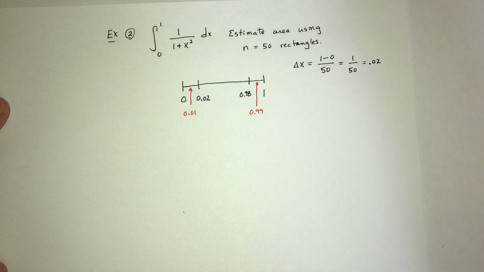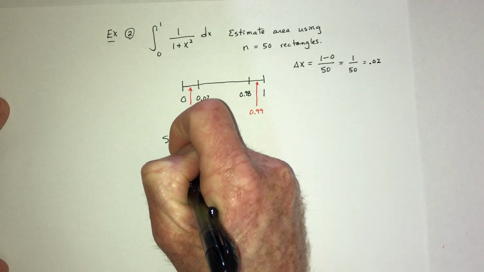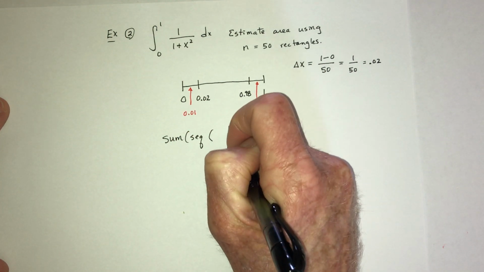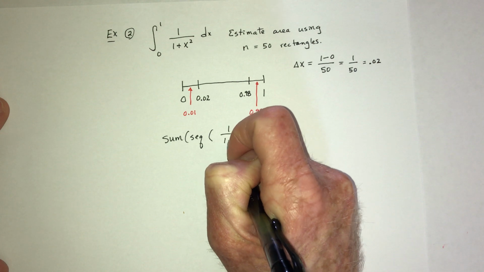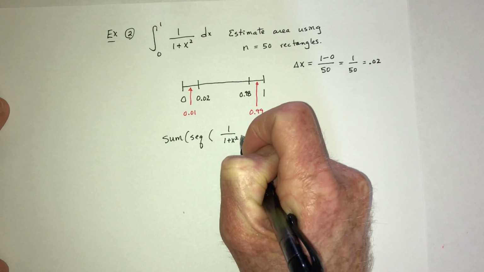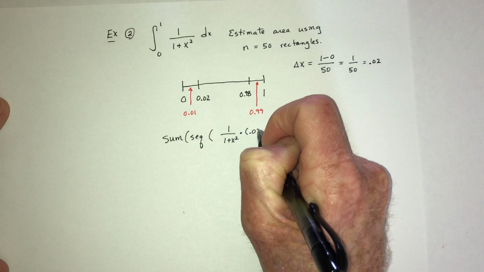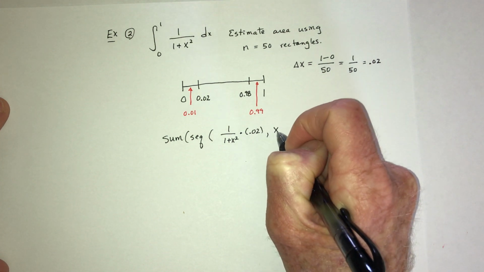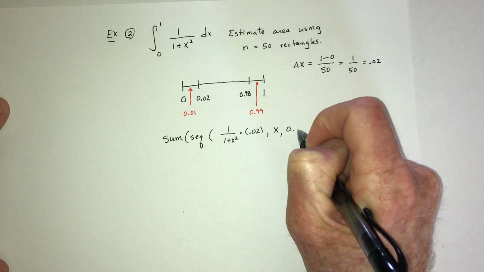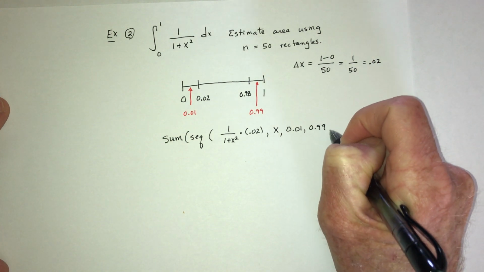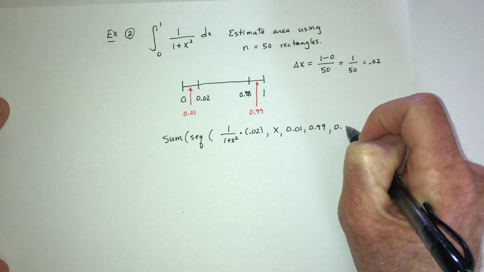And then the sum sequence. So add up. The height will be the function 1 plus x squared. And then that gets multiplied with a 0.02. X is the variable. It starts at 0.01. It goes to 0.99. And this last part is always delta x.